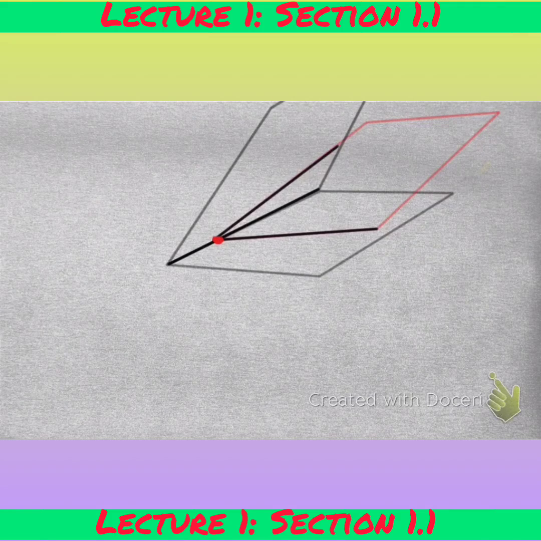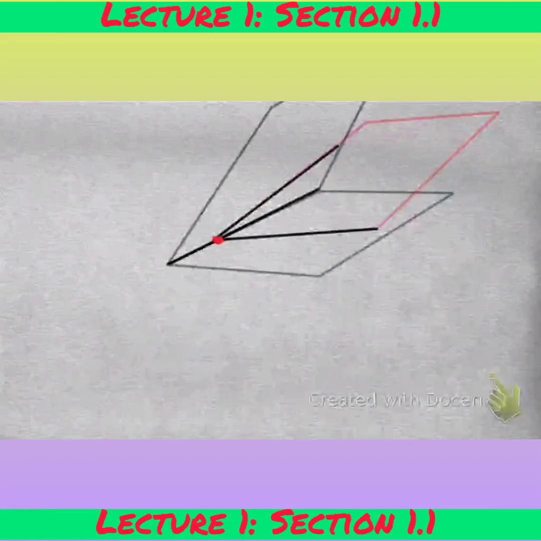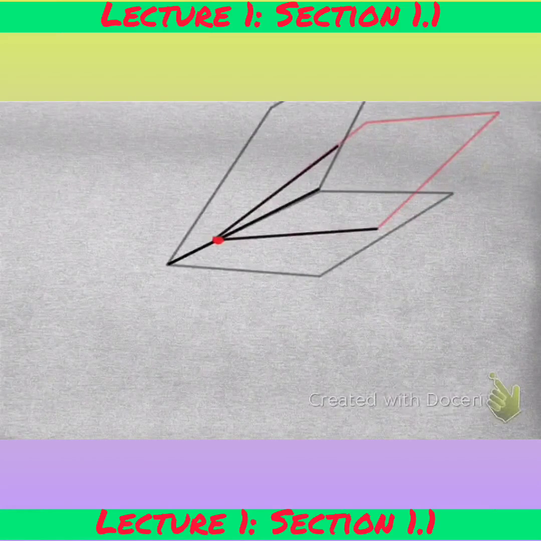All the other points lie only on two planes at a time. So that's an example of a linear system with three equations, three unknowns, such that we've got exactly one solution. Again, in general, a linear system either has one solution, infinitely many solutions, or no solution.